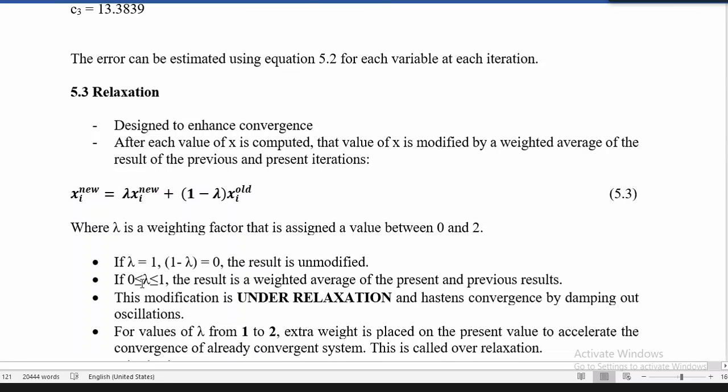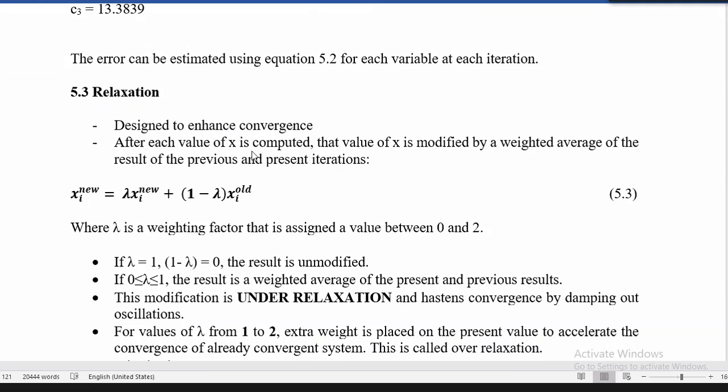However, if lambda is between 0 and 1, like 0.5, 0.001, 0.9, as long as it's not equal to 1, the result is a weighted average of the present and previous result. This modification is called under-relaxation, and it hastens convergence by damping out oscillations, the amplitude of vibration, right? You dampen it and reduce the amplitude.